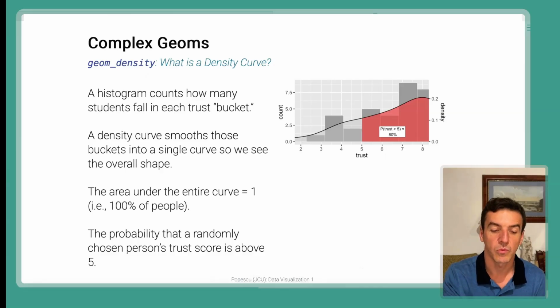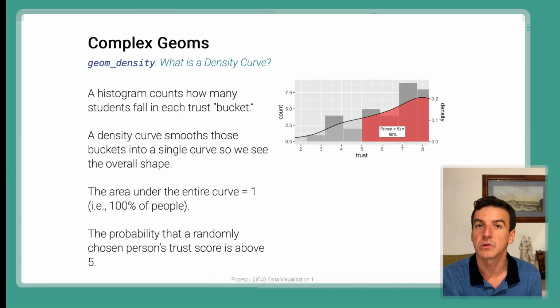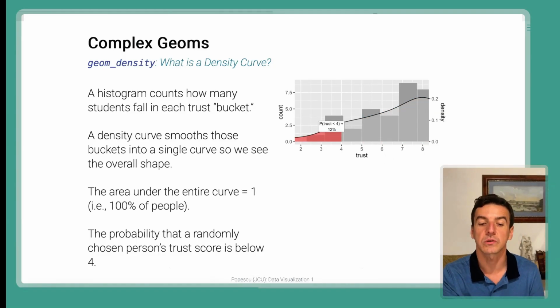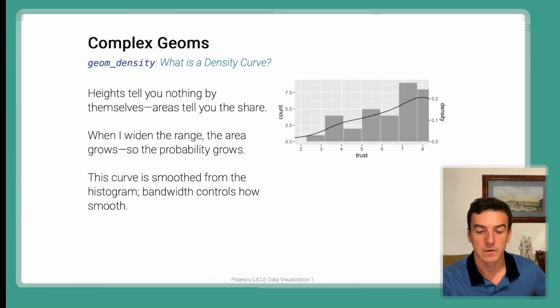This is the probability that a randomly chosen person has a trust score above 5. And this is the probability that a randomly chosen person has a trust score less than 4. So this would be 12% in this case.